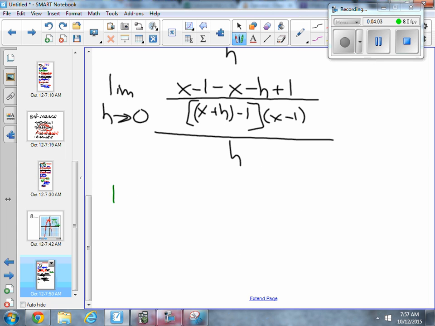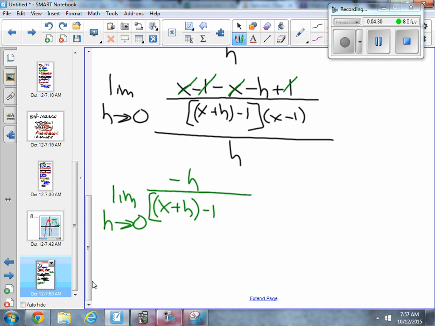So I have the limit as h approaches 0 of, well, that x goes away and that x goes away, and the minus 1 goes away and the plus 1 goes away. So I have negative h divided by x plus h minus 1 times x minus 1, again all divided by h.